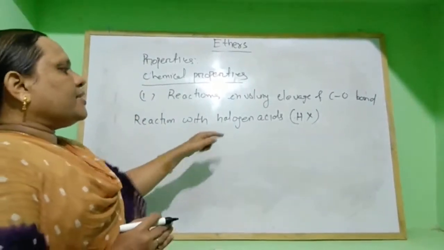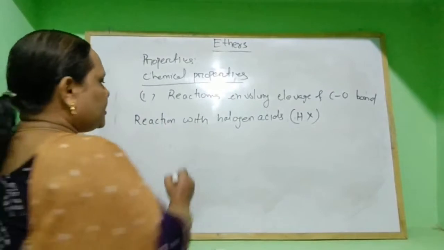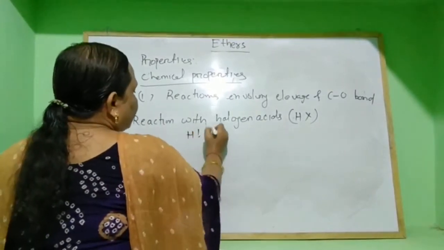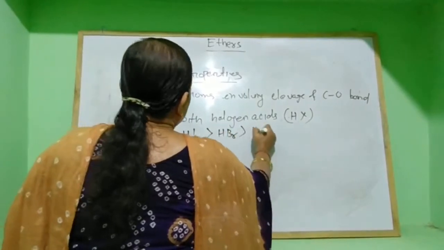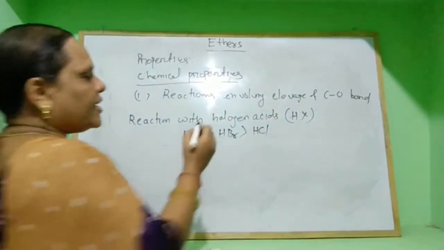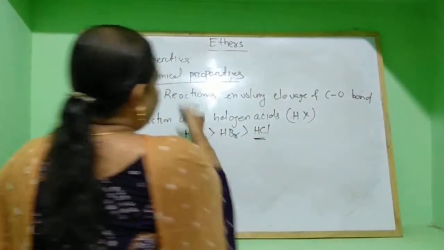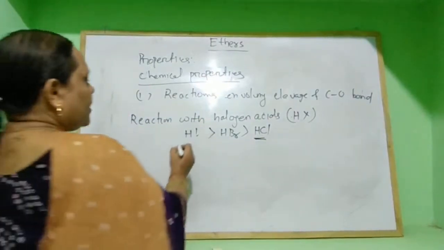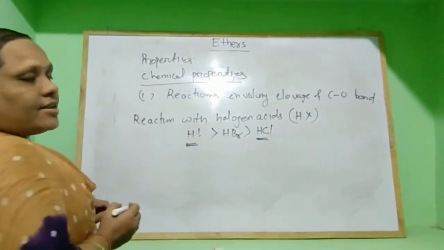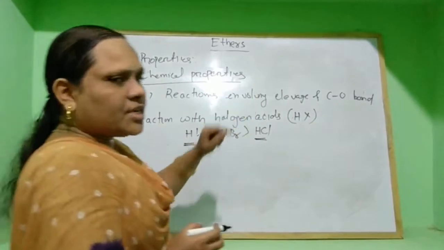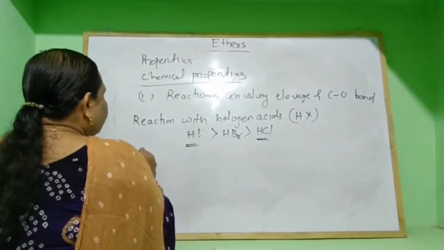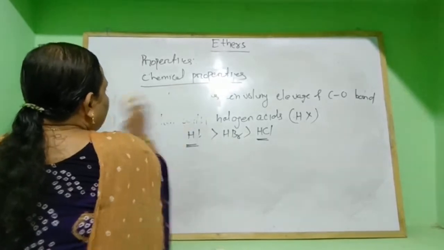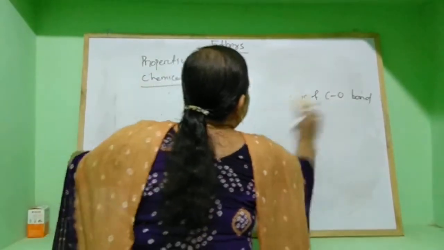The reactivity of different halogen acids follows HI greater than HBr greater than HCl. HCl is very less reactive towards the cleavage of C-O bond, and HI is highly reactive. So let's consider reaction with HI.